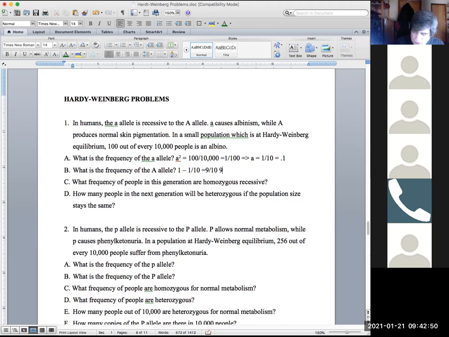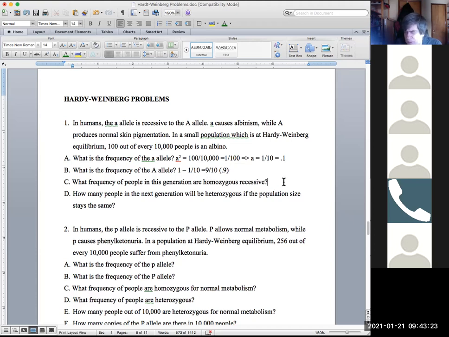And again, if you were doing this with decimals, you would get 0.9. And again, notice as a double check when we're working a problem like this, little a and big A have to add up to 1, unless we have 3 alleles in the population. Then A1, A2, A3, whatever we're using as our symbols, have to add up to 1.